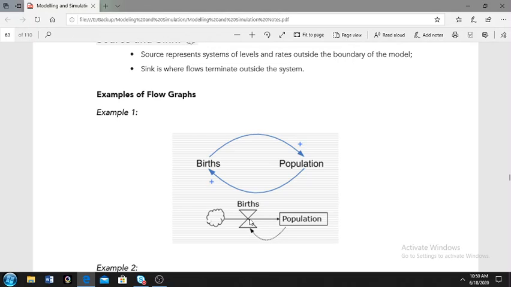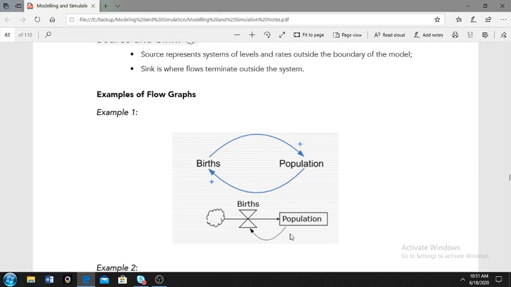So we have this feedback loop. And birth represents a flow, because we say flows influence stocks.